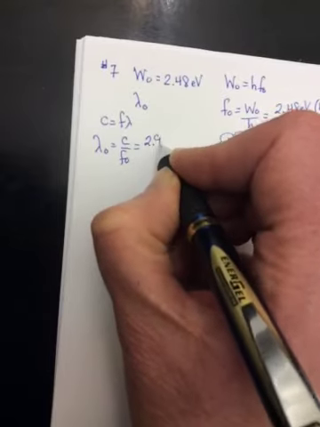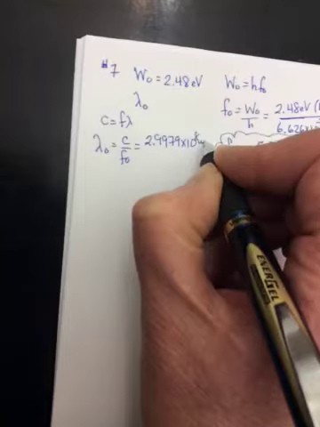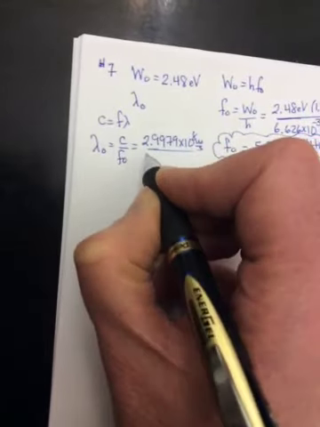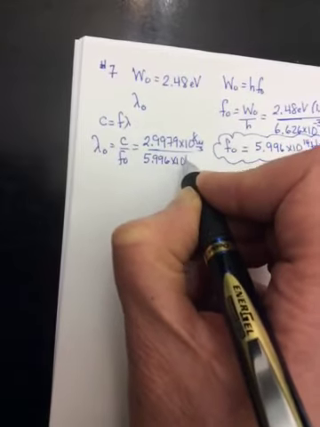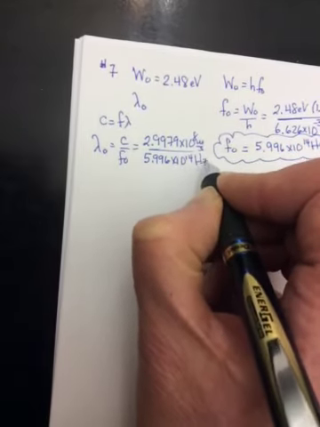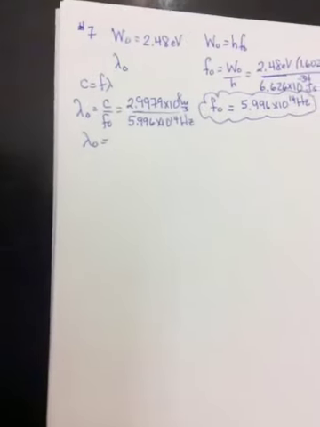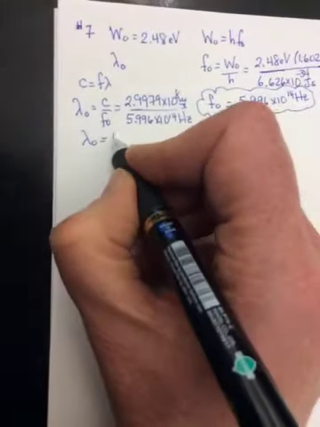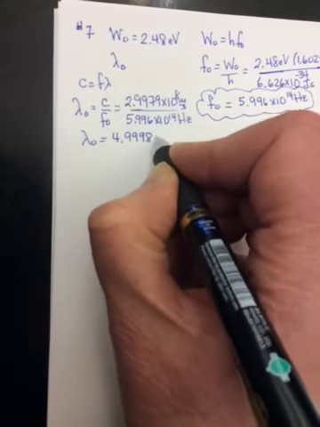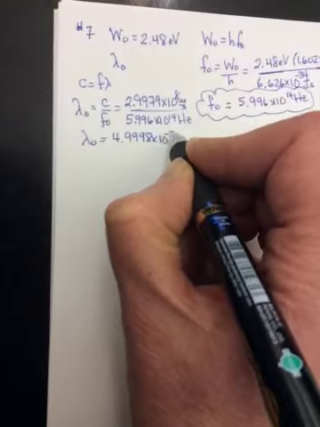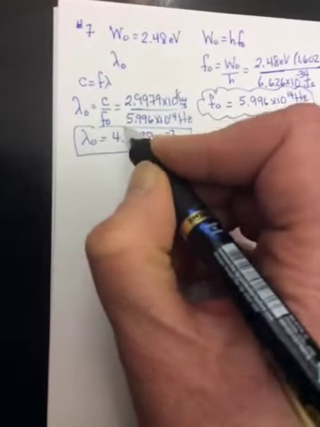C is 2.9979 times 10 to the 8th meters per second, and our FO we just found, 5.996 times 10 to the 14th hertz, which is per second. So meters per second divided by per second leaves you with meters, and it's 4.9998 times 10 to the negative 7 meters.